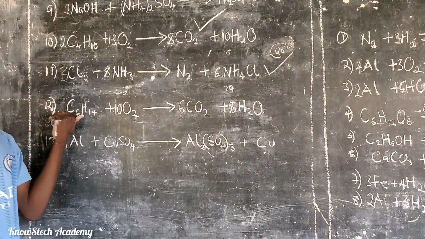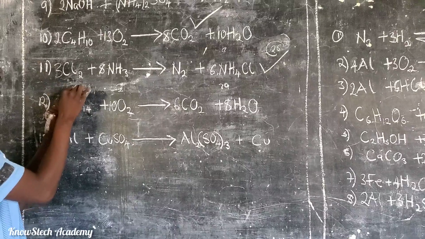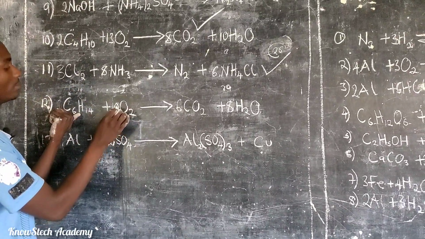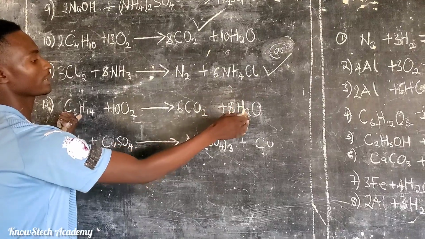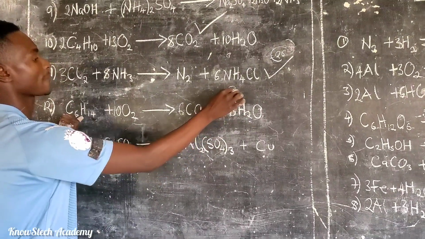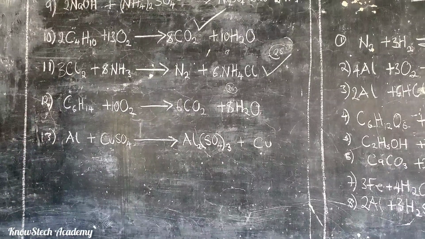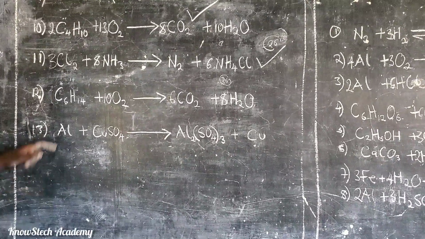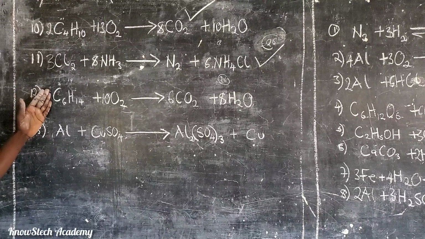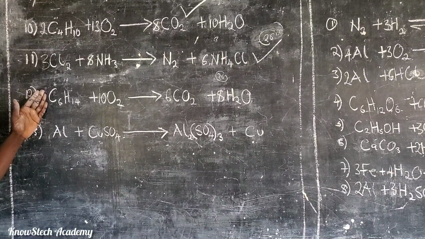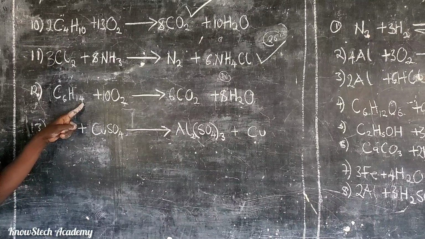Now what do we do? Here you have 14, then this side you have 8 times 2, 16. What do we do? By the way, there is no way 14 will change into 16. The number we're going to put in front here will be greater than 1.